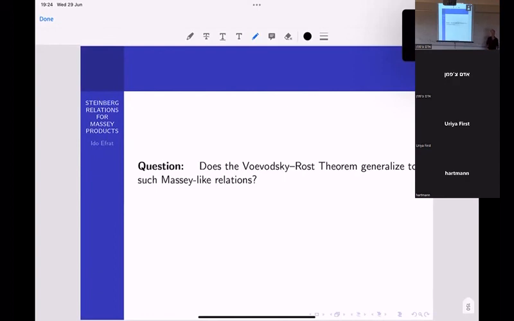So the assumption that the characteristic is prime to n factorial. Okay, the question is whether the assumption about the characteristic being prime to n factorial can be removed. Unfortunately, in this method, what you need is factorials.